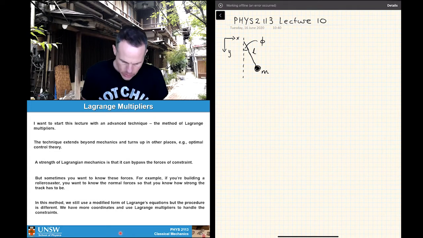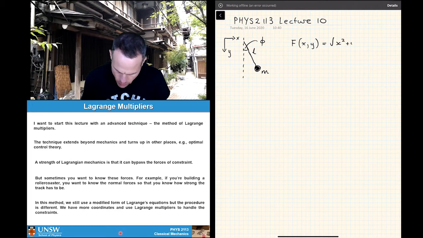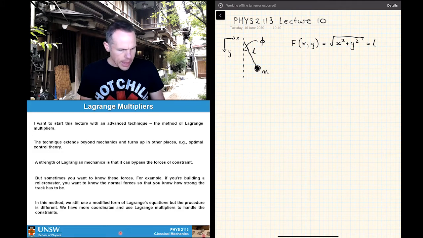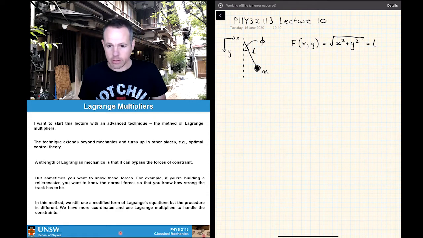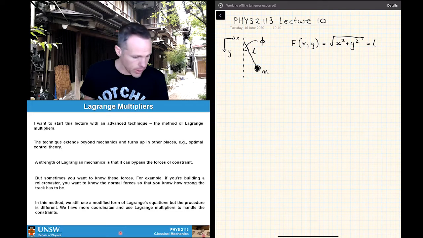We can start out with that directly because we remember it from a little while ago. It's basically the square root of x squared plus y squared equals L. And what we're going to do here is build up a version of Lagrangian mechanics that enables us to access that constraint force F.